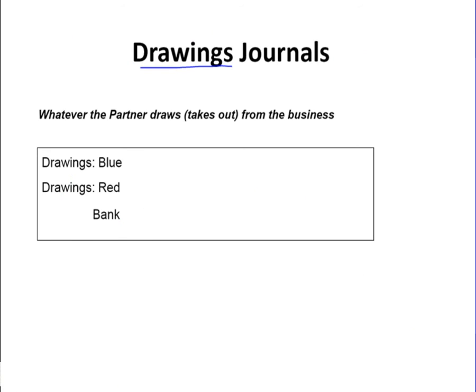So Blue had 9,000 debited to equity via drawings, and 3,000 they took out for Red. Now let's assume that all went to bank. We're debiting the drawings, so that is in total 12,000, and crediting. They weren't very specific here, but we have to assume it goes against bank.